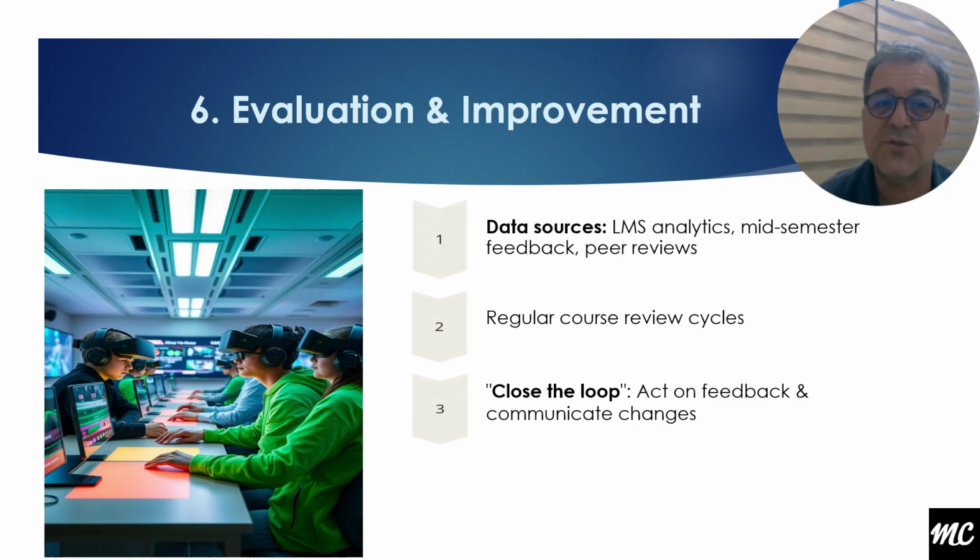The institutions should use different data, not just end of semester surveys, but there are some other tools as well. For example, learning management system analytics can be used to better our courses. Mid-semester feedback and peer reviews can also help refine courses iteratively.